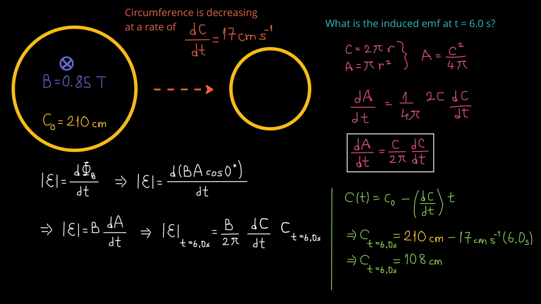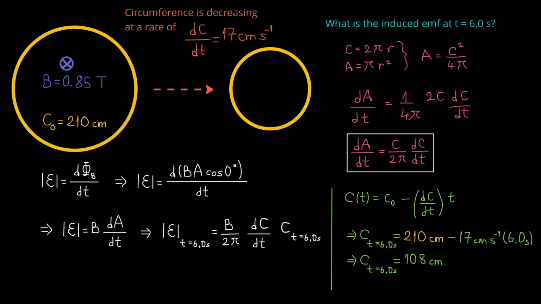We can calculate the value of the circumference at t equals 6 seconds in the following way. We know that the circumference is decreasing at a constant rate, so we can set up a function like so. The circumference equals the initial value minus the rate at which it's changing times t, because each second it's changing by 17 centimeters.